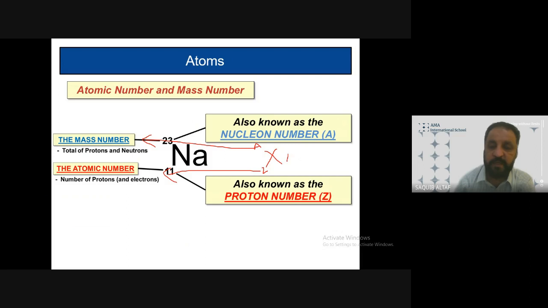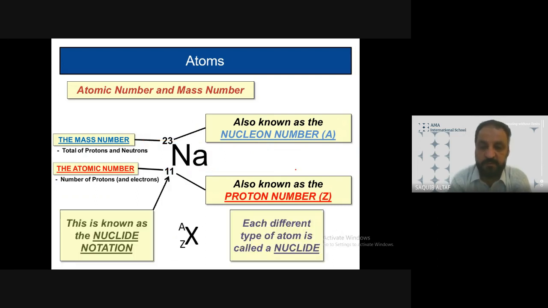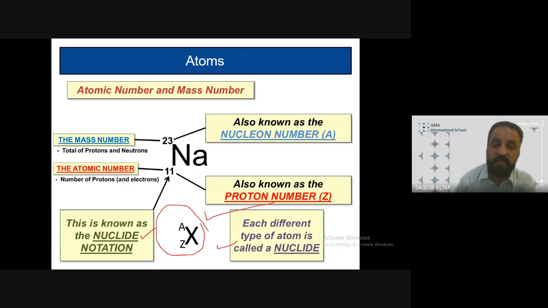If you want to find the neutrons, N equals A minus Z. This is the formula to calculate the neutrons. This is called nuclide notation, and each different type of atom is called a nuclide. This is the way you can write any element. Clear?